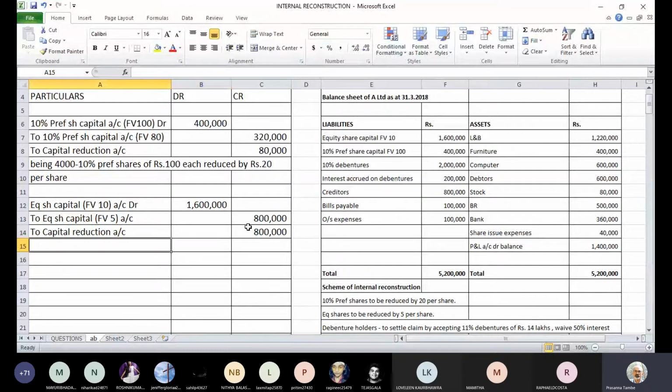The narration will be 1,60,000 equity shares reduced by rupees 5 per share.